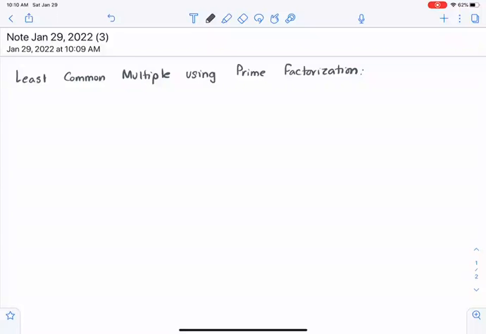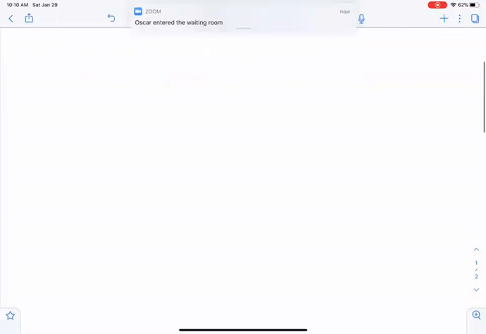So now we want to find the least common multiple between two numbers. So suppose we have two numbers.